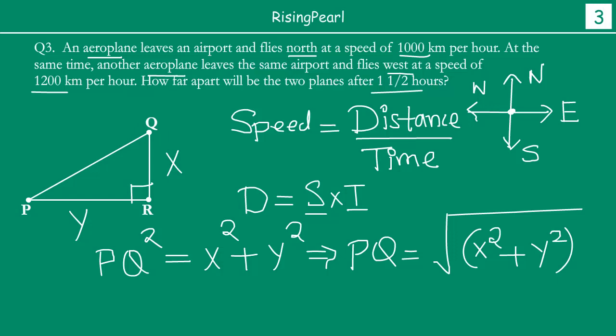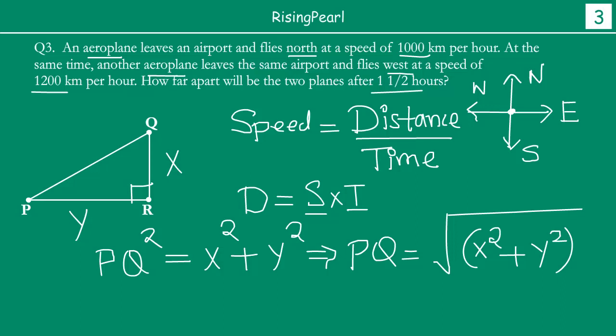But here the question did not give us any figure, and this is a question expressed in words. So initially it looked like a pretty complex or somewhat difficult question, but what it really is, is simply a right angle triangle given to us with two sides. We have to find out the hypotenuse.